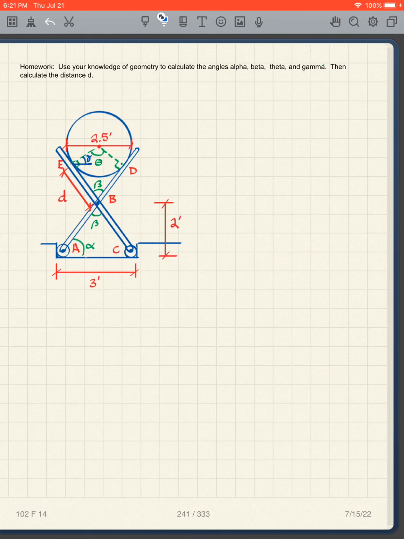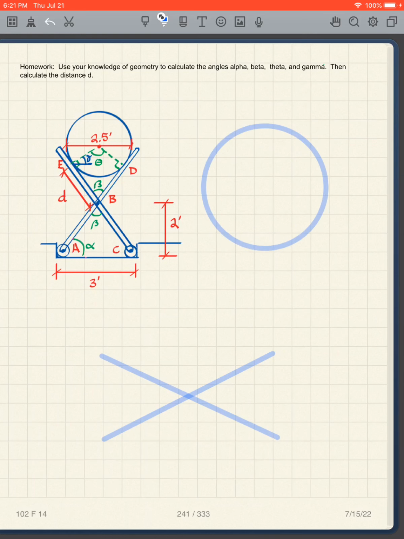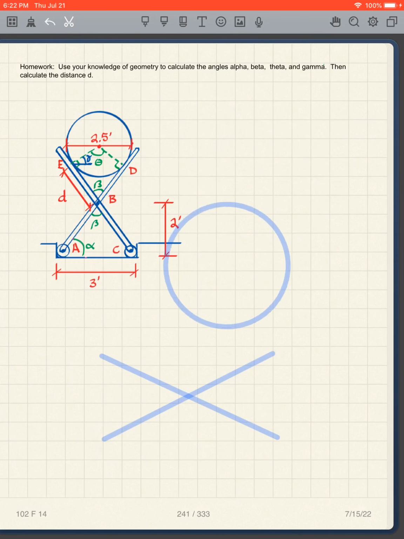Let's take it to an extreme. Let's say my geometry looks like this, and then I put the ball down. Let's take a big ball, and I'm going to put that ball here.